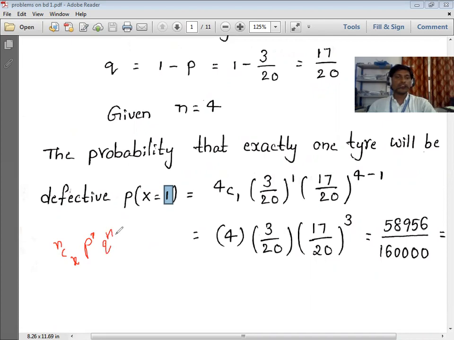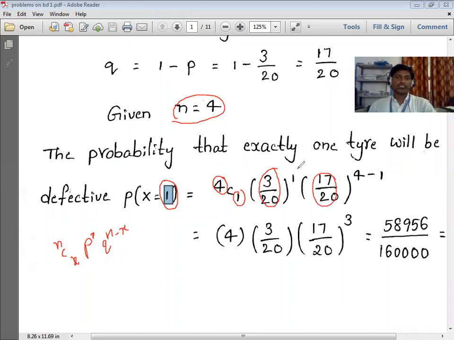So nCx is nothing but, n we already know is 4. So that 4 we substituted here, and next in place of x what do we have? 1. So 1 substituted, and next p is equal to 3 by 20. So in place of p we substituted 3 by 20, and in place of q we substituted 17 by 20.